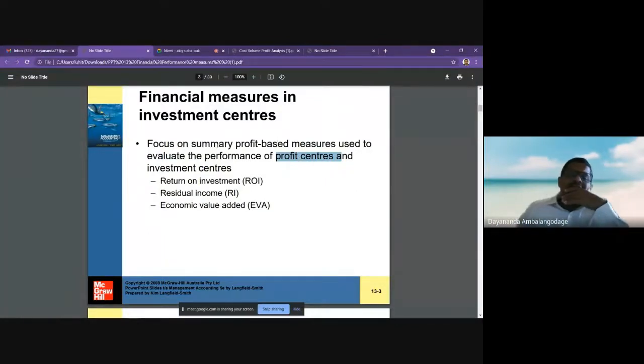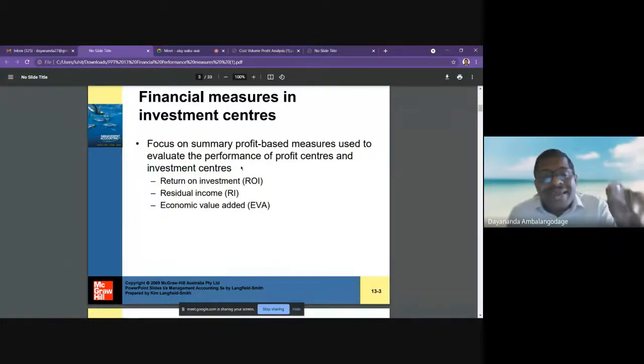So investment center is a little bit different concept. Investment center is a more empowered center than the profit center. That means investment center, of course, is profit center plus investment decision-making ability.